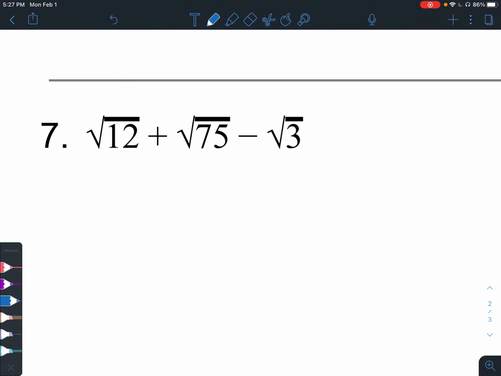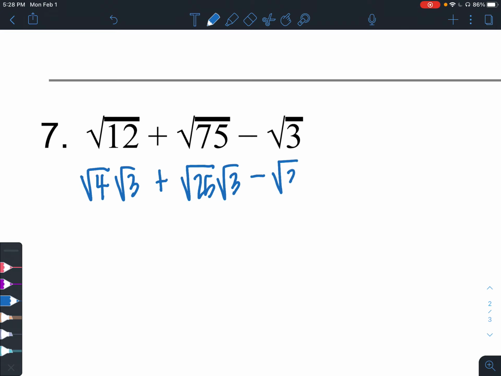Let's kick it up a little bit. Okay, so let's go ahead and simplify these. I do have square roots, but I can simplify them. So 12 has a perfect square of 4 in it. 75 has a perfect square of 25 in it. 25 times 3 is 75. And so then I'm going to go ahead and simplify. So square root of 4 is 2 radical 3 plus 5 radical 3 minus radical 3.